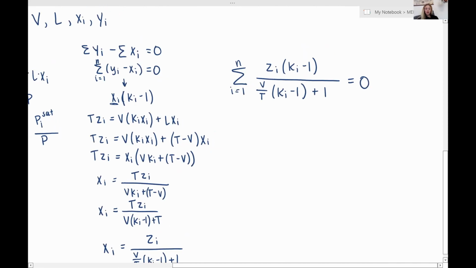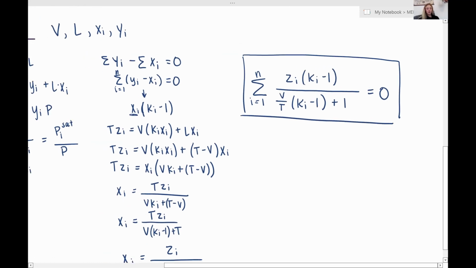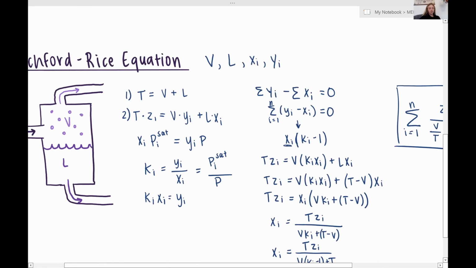And you can see here, now our only unknown is going to be our V, which is the flow rate of the vapor coming out of our system over here.